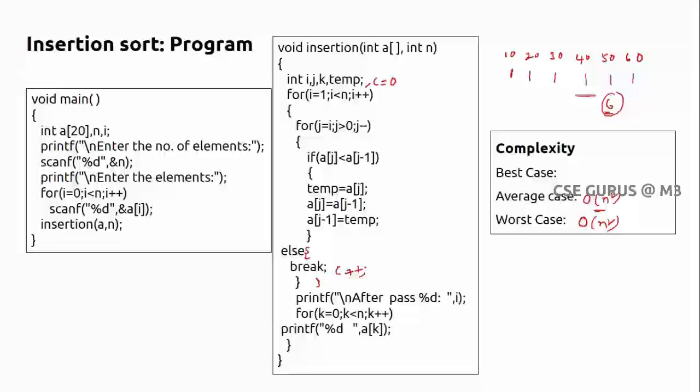If count is equal to the n value, then you can say that it is already in sorted order. So like this we can write it. This is about insertion sort. The complexity in the best case is big O of n, and you can make these changes. I think you can get the output for this one also. Yeah, this is about insertion sort.